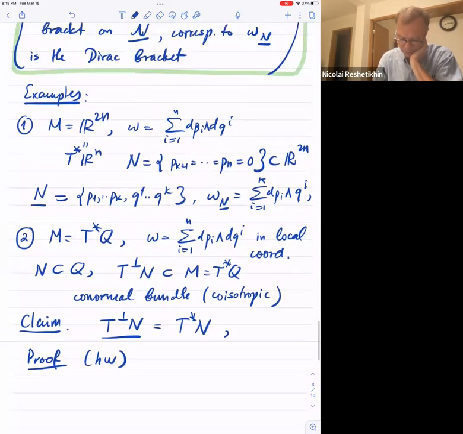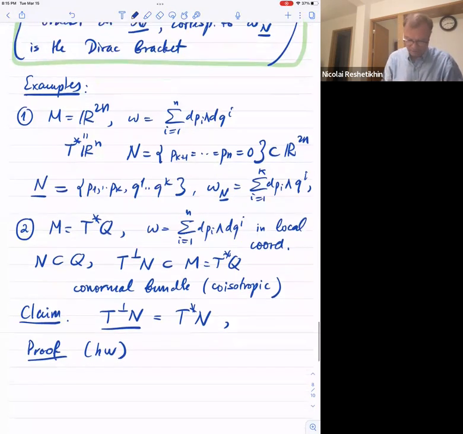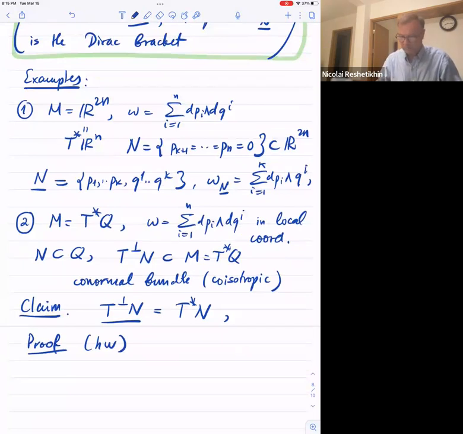So any questions about the symplectic reduction? The reason why it's here is just I wanted to introduce it as a tool to construct more complicated examples of symplectic manifolds, though we didn't see they are more complicated in these two examples.